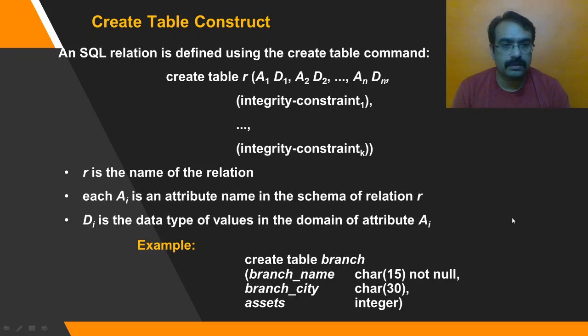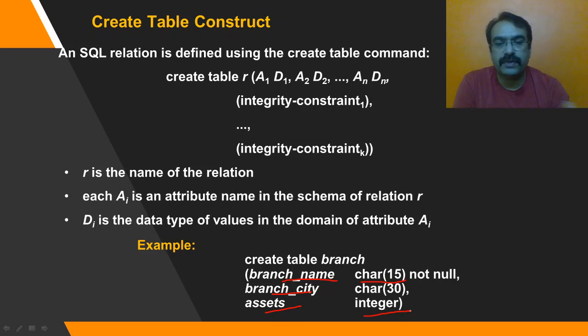The first attribute, branch name, is of character length 15, branch city is of character 30, and assets are of type integer. So there are three: A1 is branch name, A2 is branch city, A3 is assets.